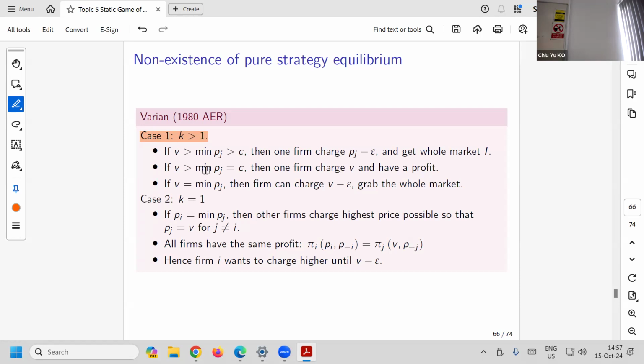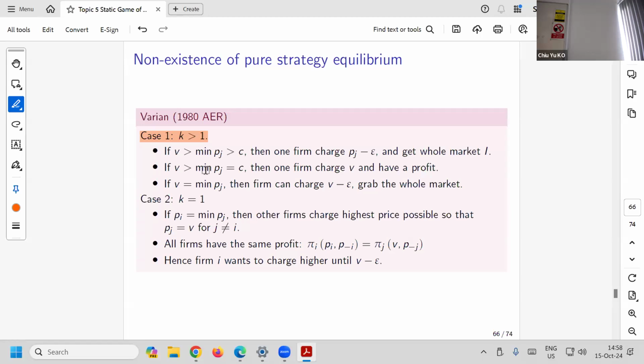The other firms are higher than that firm. Since one firm is lower, the other firms are not getting any of the share, so they must be charging the maximum V. Otherwise, it can't be an equilibrium.